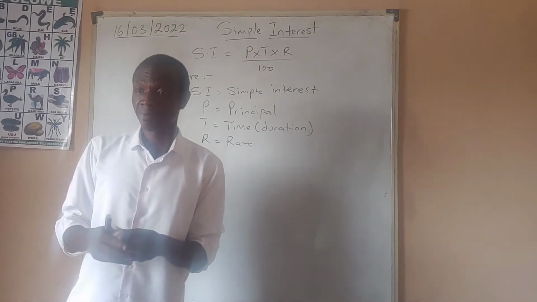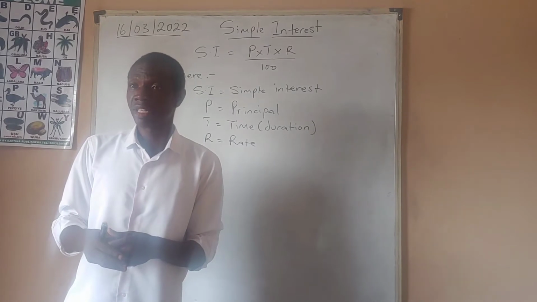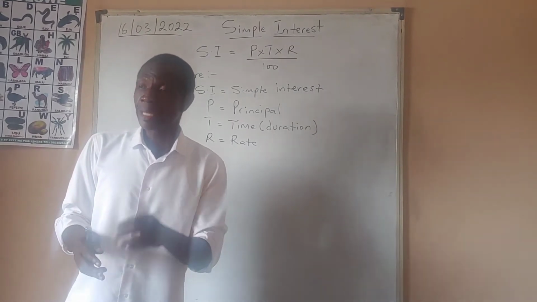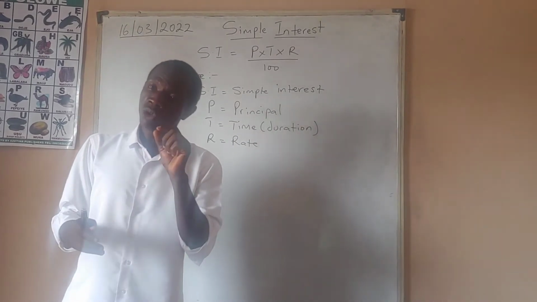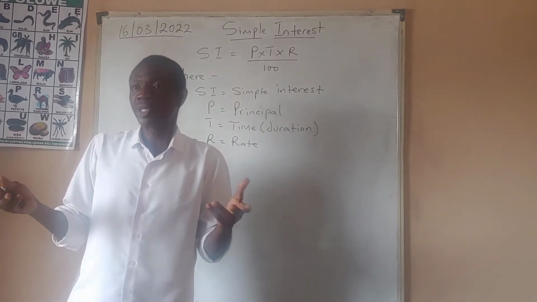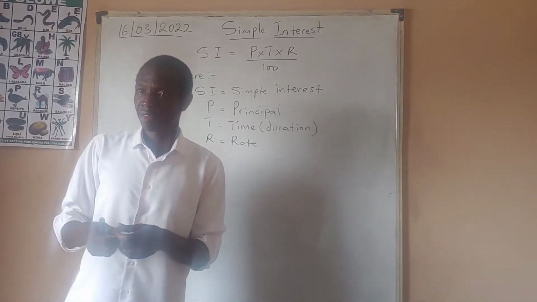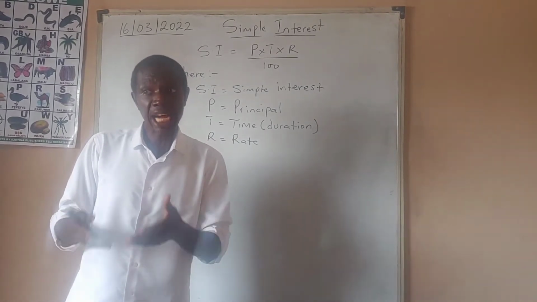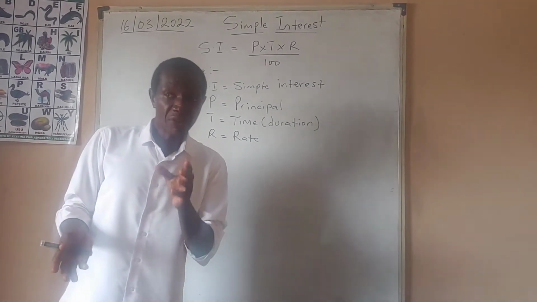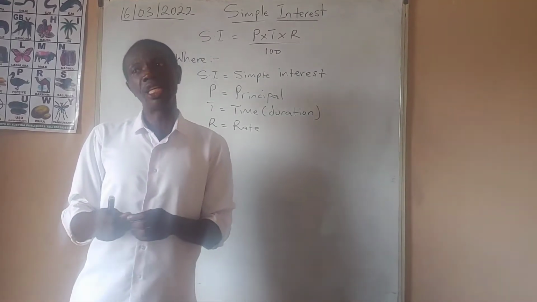For instance, you want to borrow 500,000. That 500,000 is the principal amount you are borrowing. Now, the interest, probably they will say you pay additional 50,000, which means the amount you'll be paying back to the bank is 550,000. That 50,000 will be the interest, and that 500,000 will be the principal.